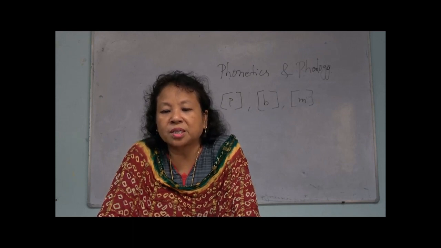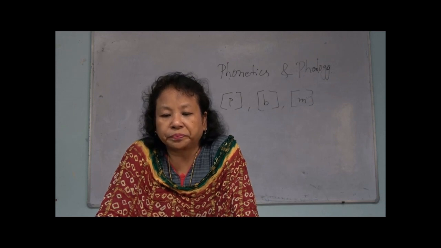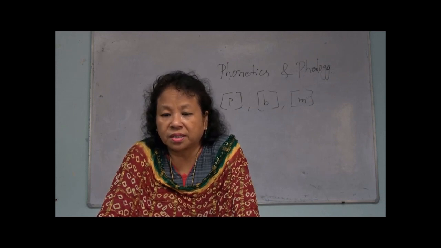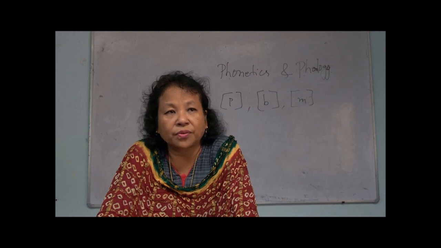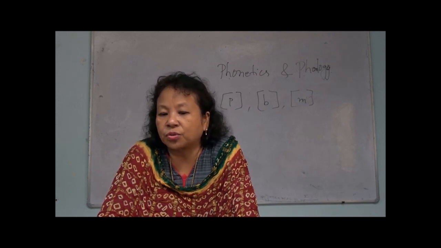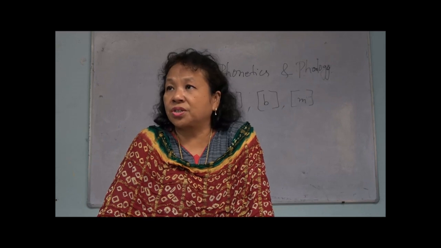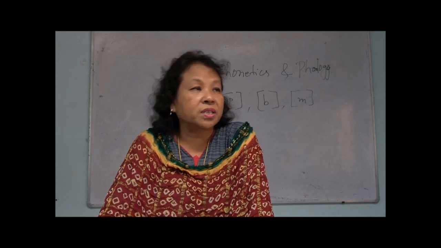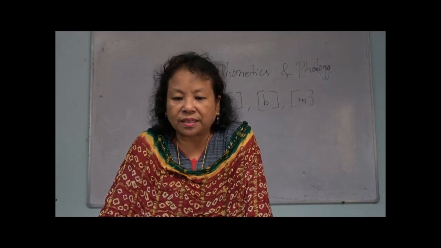English has a voiceless palato-alveolar fricative sh, and a voiced one, as when you talk about shoe, then a voiceless palato-alveolar affricate ch, as in church, and a voiced palato-alveolar affricate, as in judge, like j.